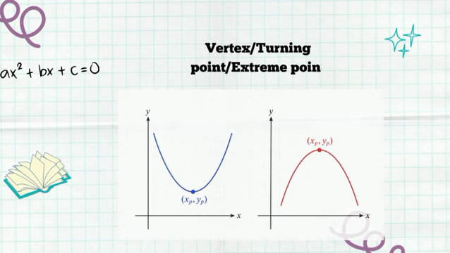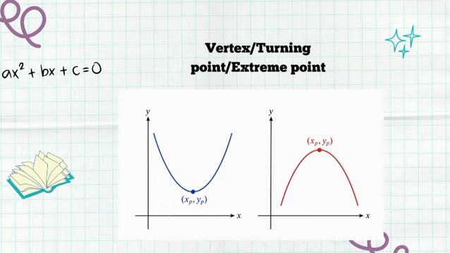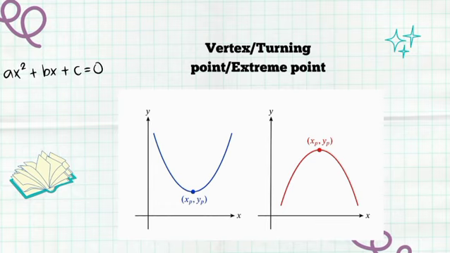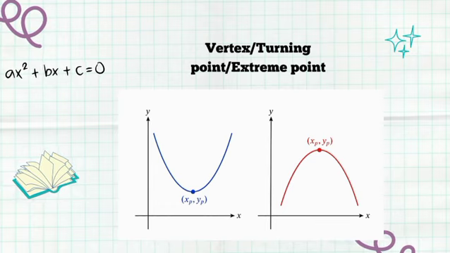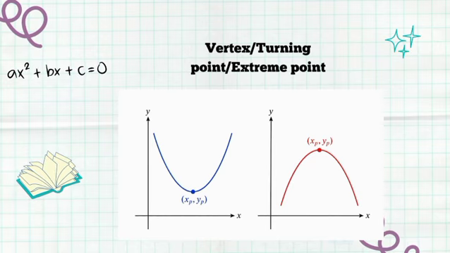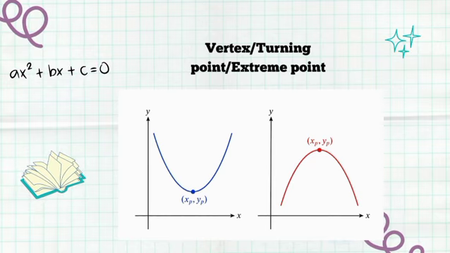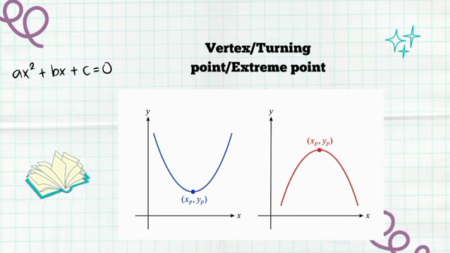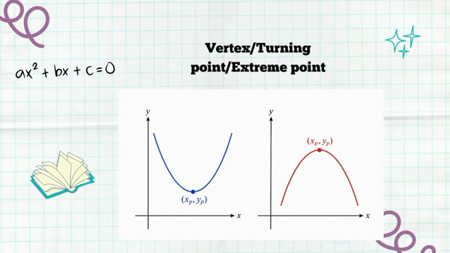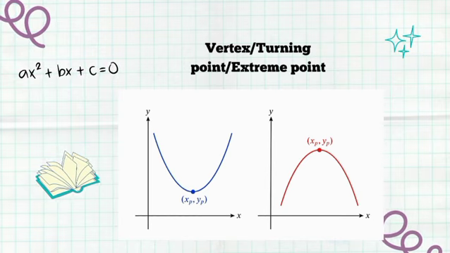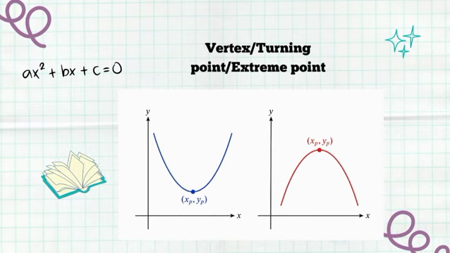Next, vertex, or turning point, or extreme point. Now let's continue. How do we determine the vertex, also known as the turning point or the extreme point? Take a look at the graph of a quadratic function like this.